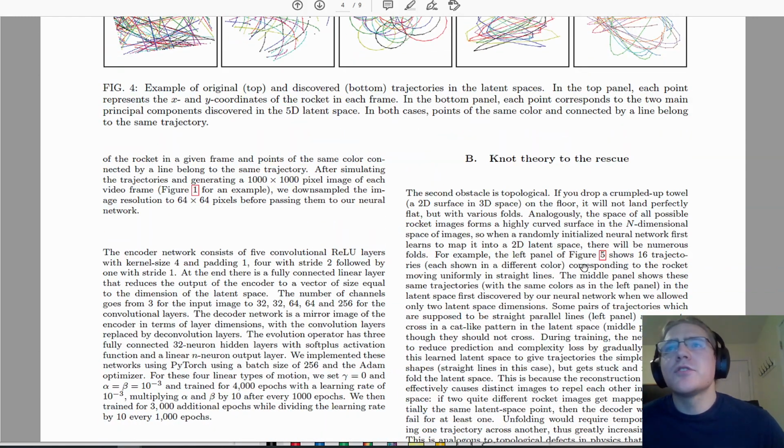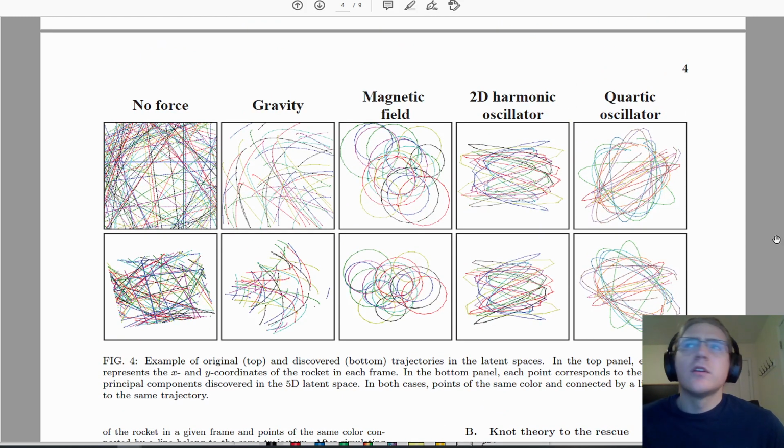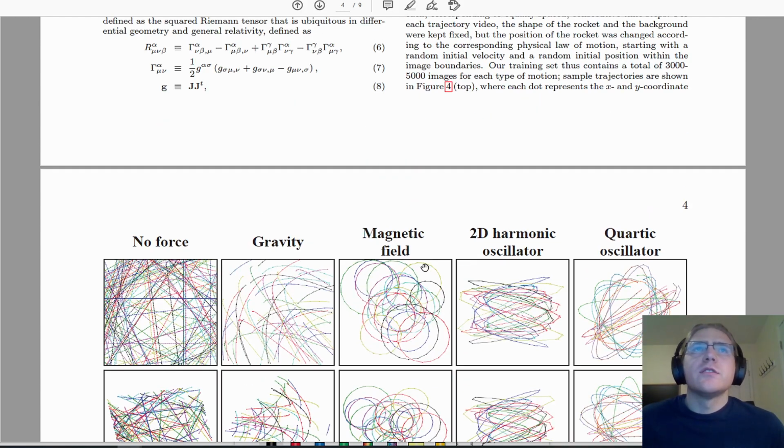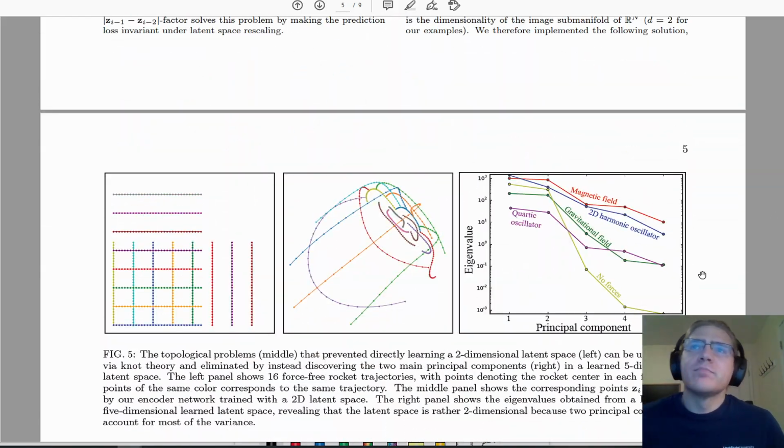They do also mention a problem with topology. For all of these things, the latent space they're interested in is two-dimensional. But you have to be careful when building a two-dimensional latent space, because your initial guess for the latent space is going to be terrible.